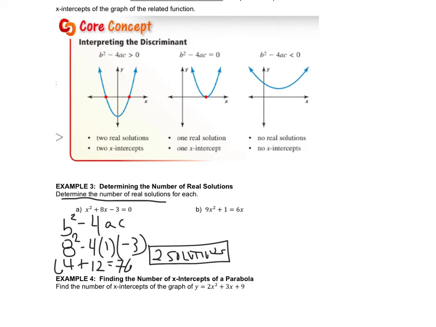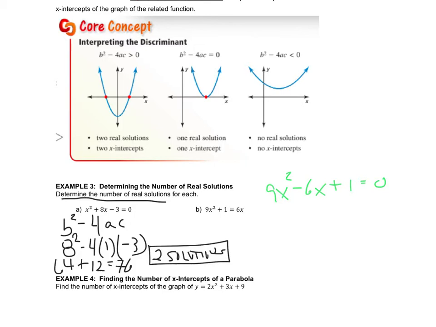The second one is not in standard form yet. So it's important that you note that you can't make this determination until I have it in standard form. To get it there, I need to bring that 6x over with subtraction, and then I can add 1 to get that 0 on the right-hand side. So now I have my a, my b, and my c.